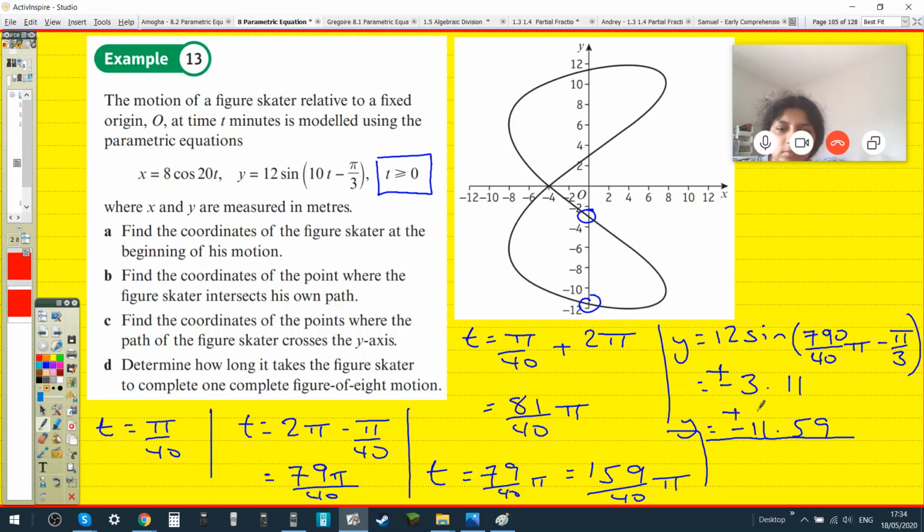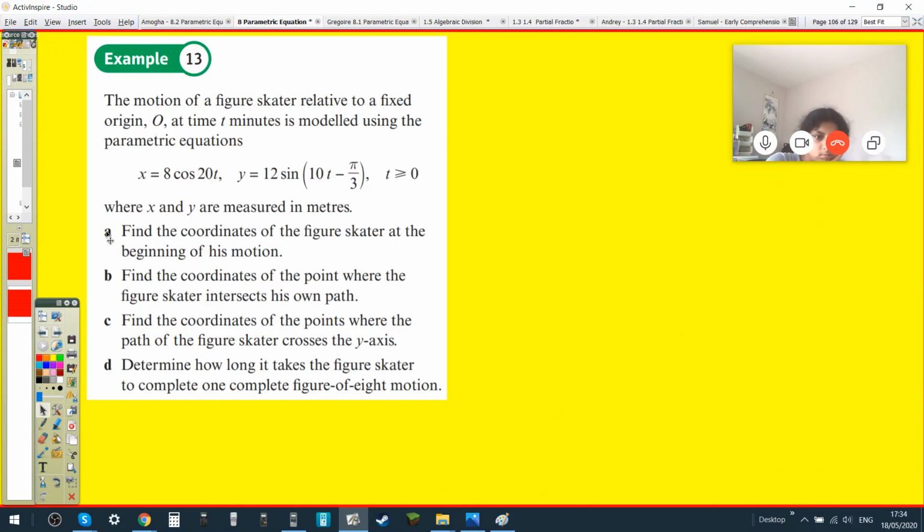I think as well it has something to do with the transformation of the graph. I hate transformations. I think we were given where it crosses the y-axis, that's when x is 0. I just want to check something here.